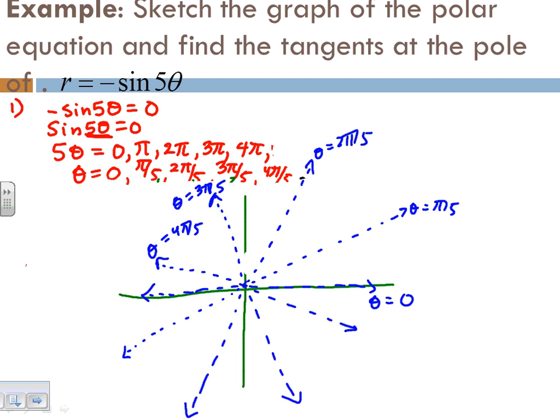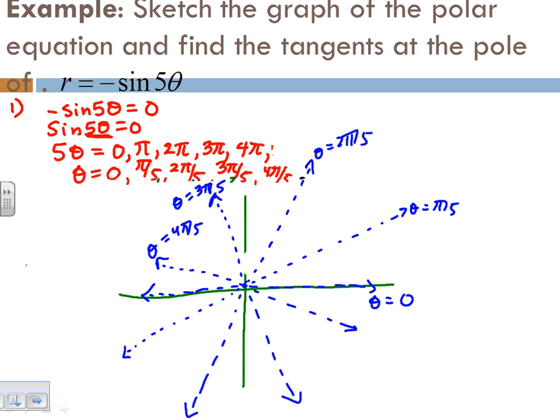Alright. So what kind of graph do you think it's going to be, seeing all of this? A flower. Okay? So it's going to be a flower.